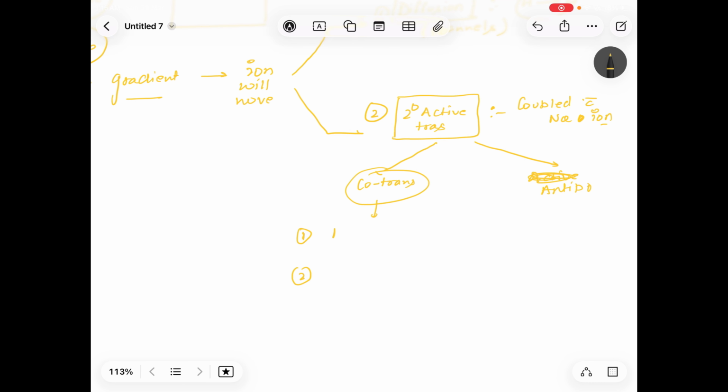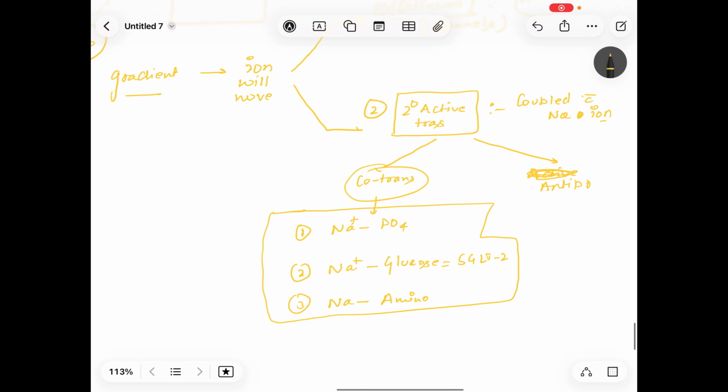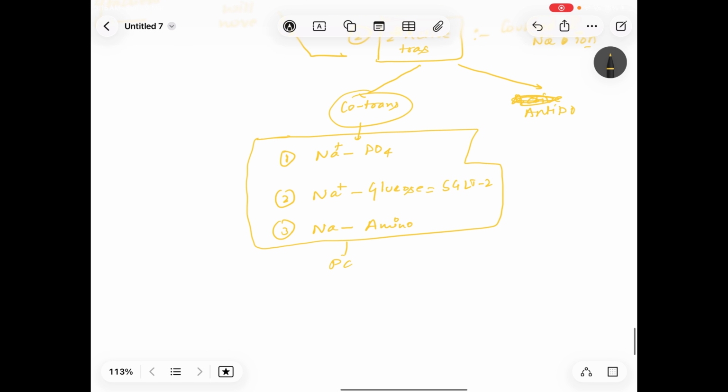First one is sodium phosphate. Second is sodium glucose, which we call the SGLT2 transporter. And the third one is sodium amino acid. These all 3 are present in the PCT, proximal convoluted tubule.